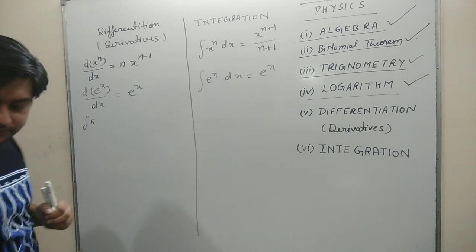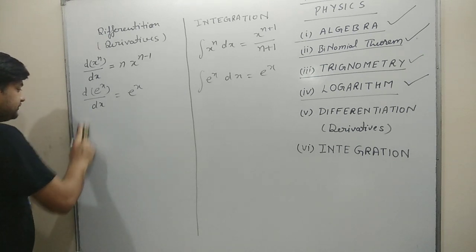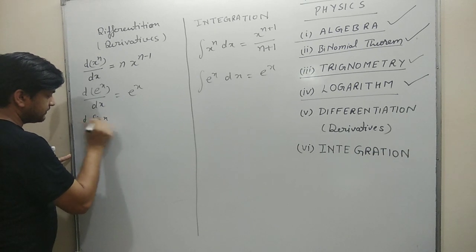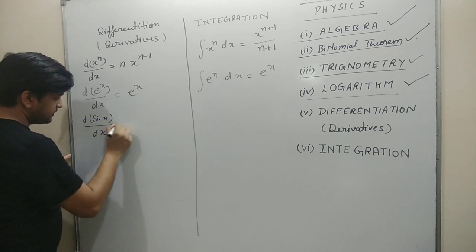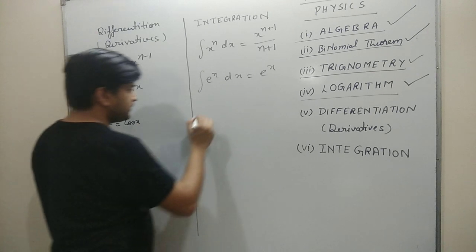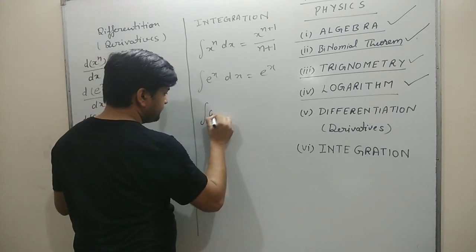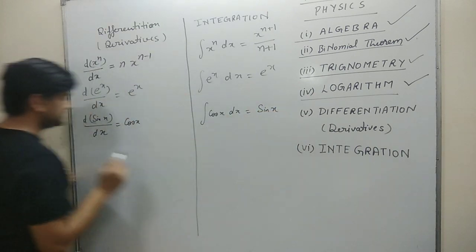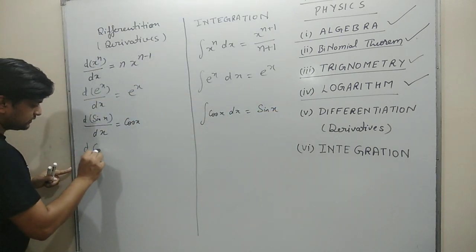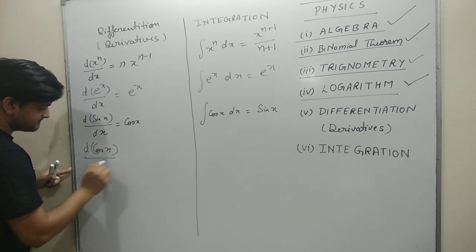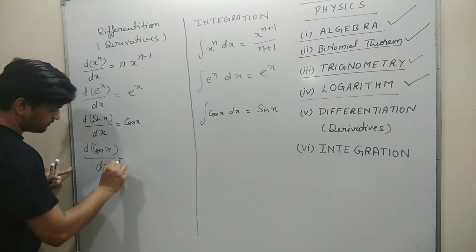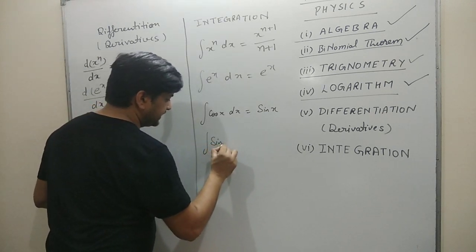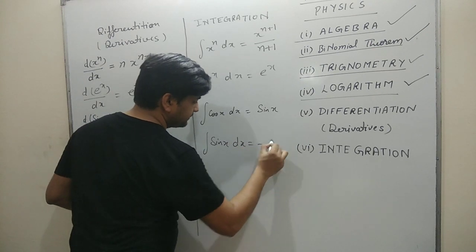So I have to take derivative. Integration of cos x is sin x. You can see they are exactly opposite.